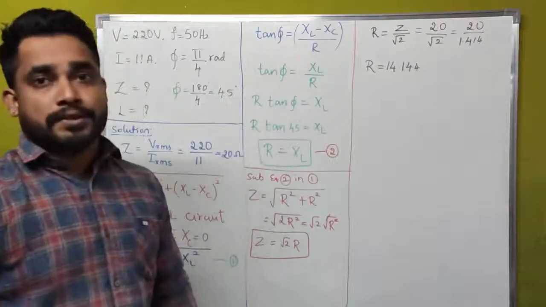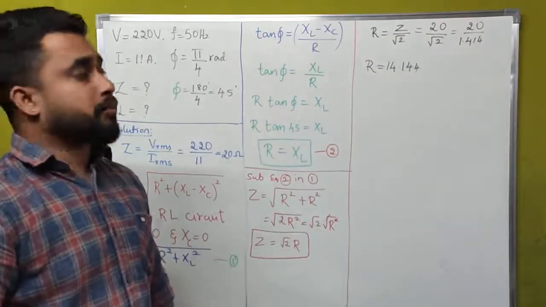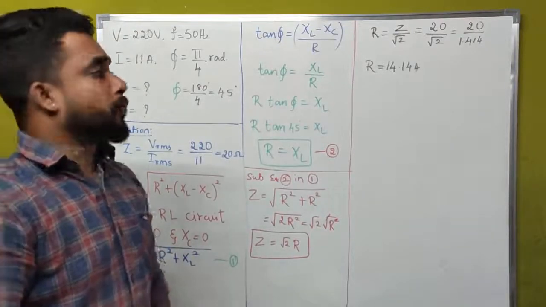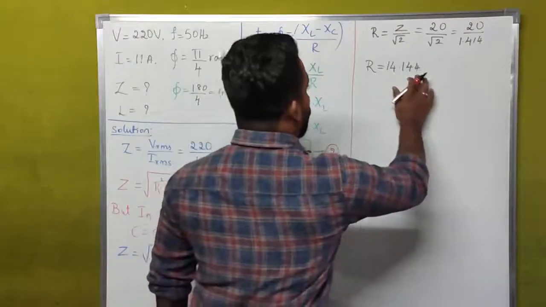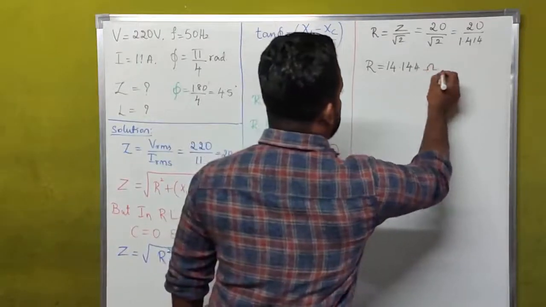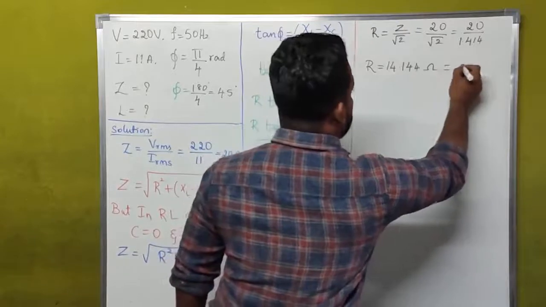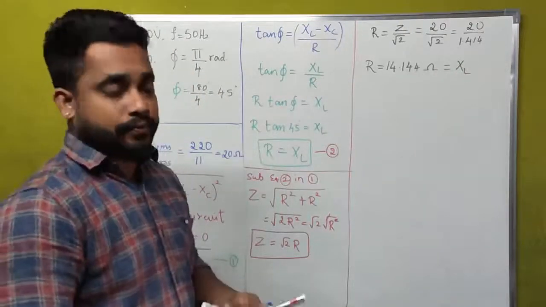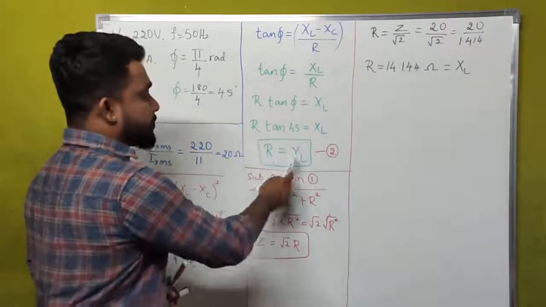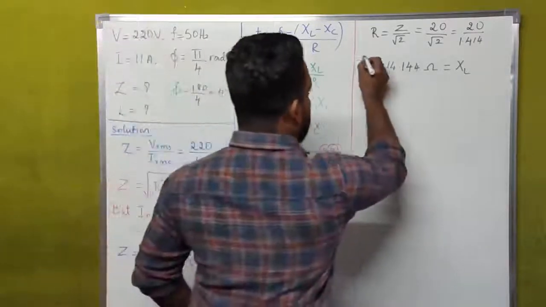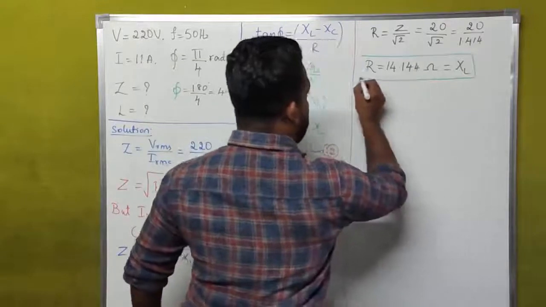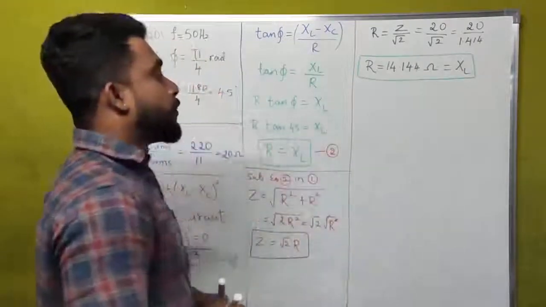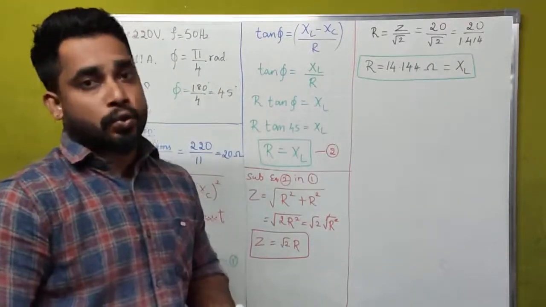The value of resistance, if we divide 20 by 1.414, will be 14.144 ohms. This is equal to inductive reactance of an inductor, because we know that R is equal to XL. That's why we can write R and XL both as 14.144 ohms.